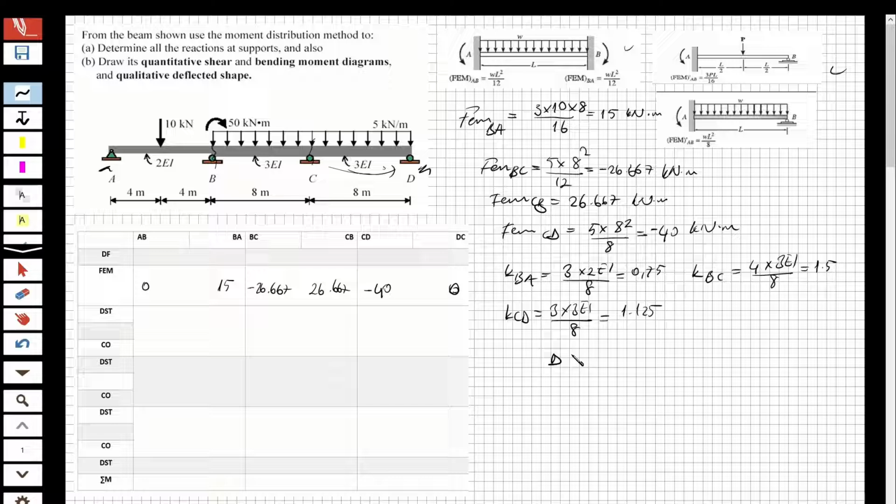So the distribution factor for BA is equal to 0.75 over 0.75 plus 1.5, and this is equal to 0.333. And for distribution factor BC, 1 minus 0.333, 0.667.